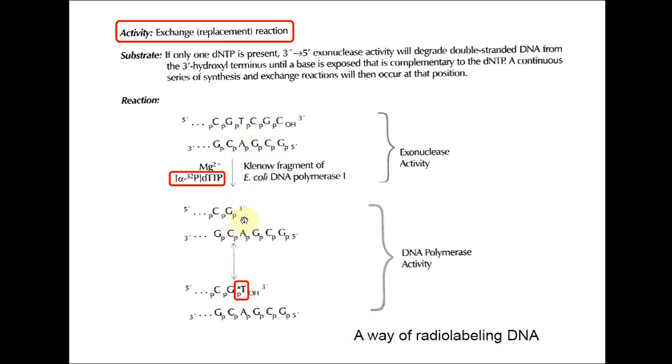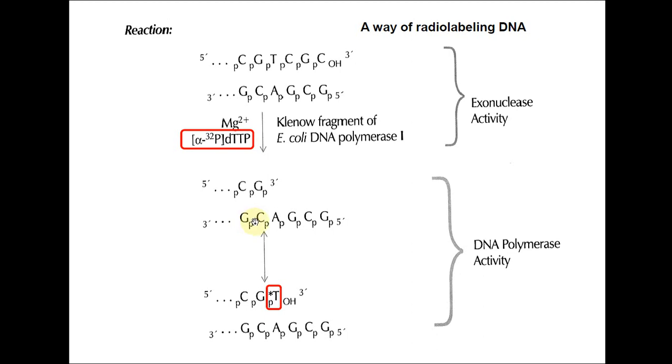And if there is a gap, or simply it can add labeled nucleotides with its polymerization activity. See here, this is used for labeling the ends of the DNA molecule or preparation of probes.